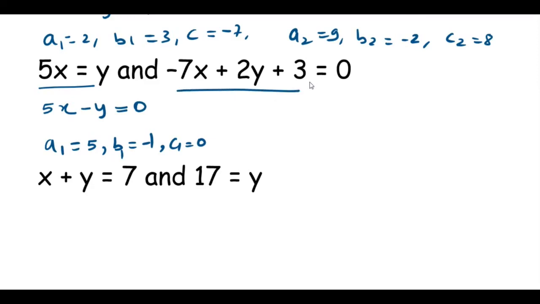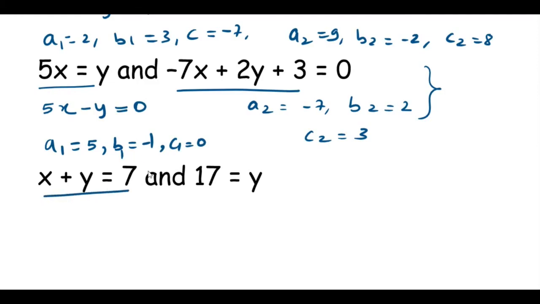Similarly, compare −7x + 2y + 3 = 0 with a2x + b2y + c2. We have a2 = −7, b2 = 2 and c2 = 3. Hence, they also form a pair of linear equations in two variables.